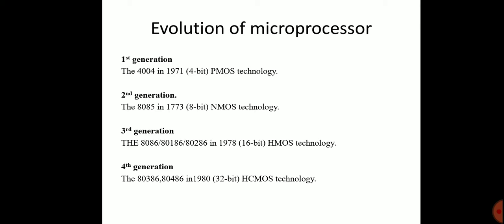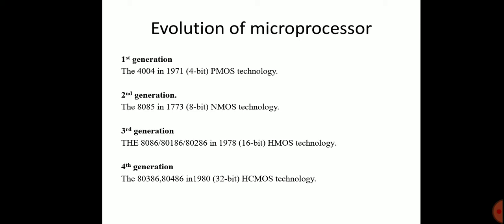Now the third generation: the 8086, 80186, 80286, from 1978. This generation of microprocessors is 16-bit, built in HMOS technology.